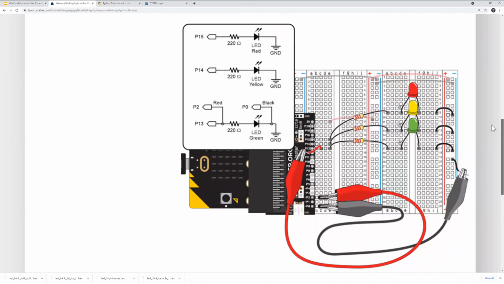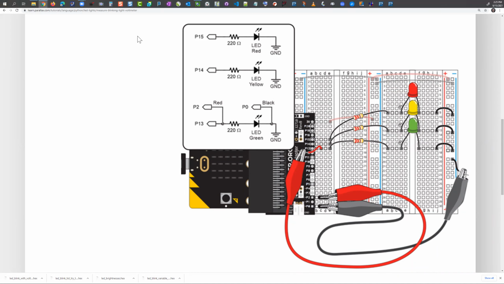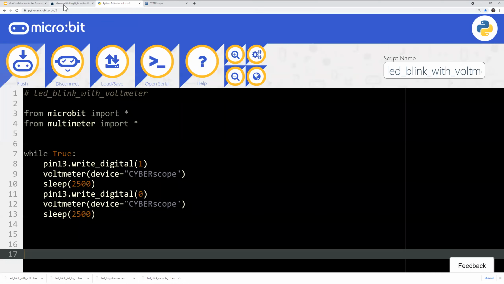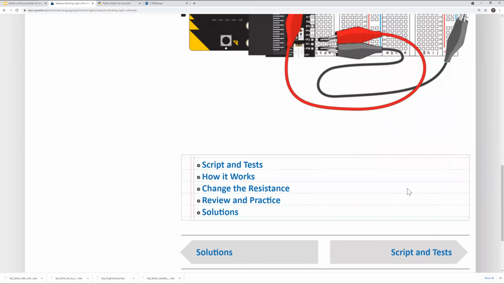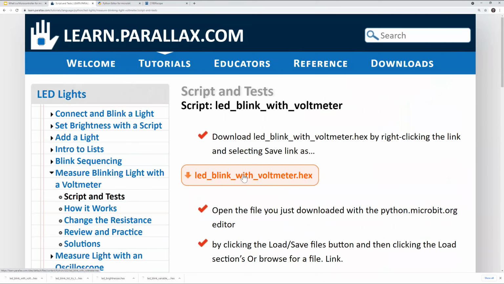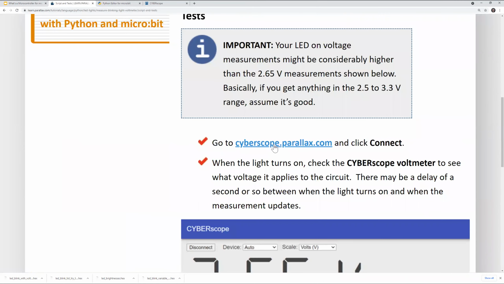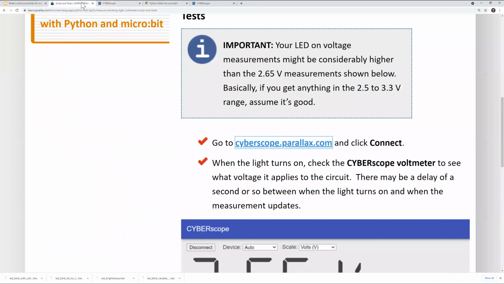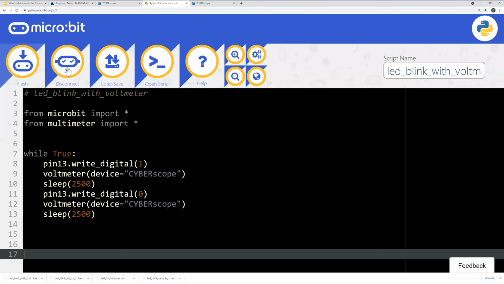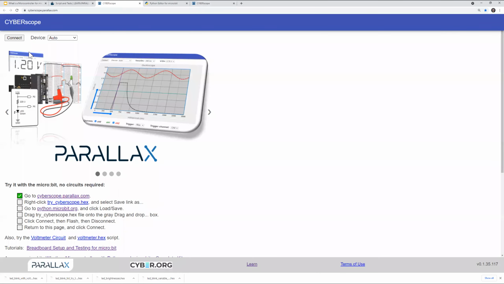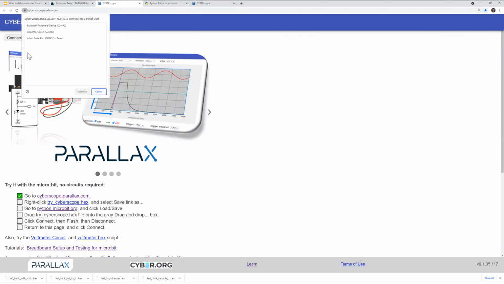I'm hoping that by doing it and talking about some of the items, for example, on the script and tests page, you can download it and then open cyberscope.parallax.com. And it's a good idea to click disconnect on your microbit before you click connect on your cyberscope.